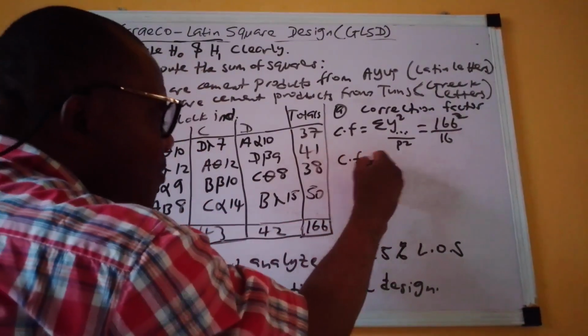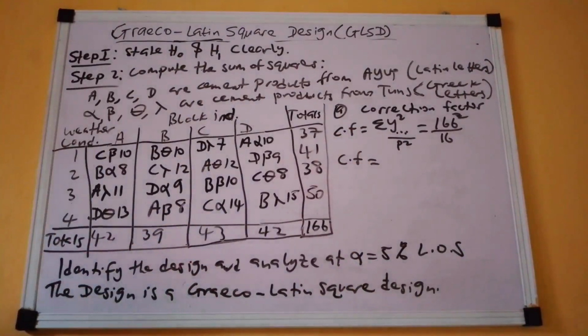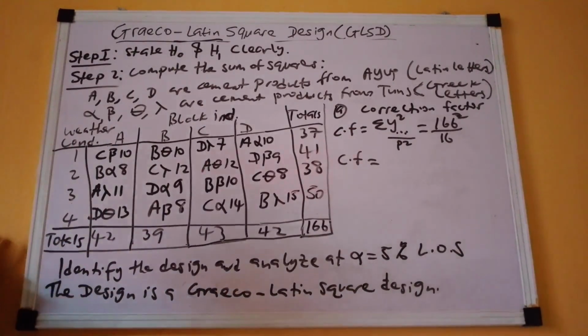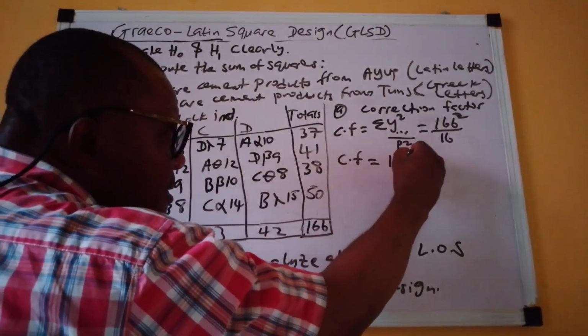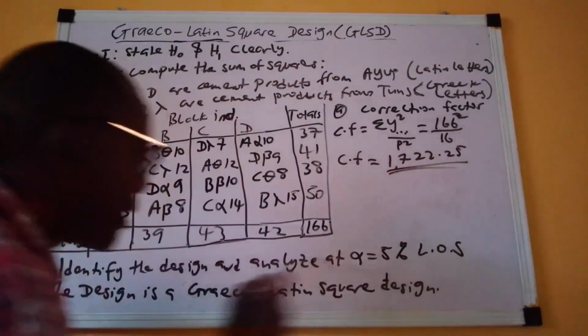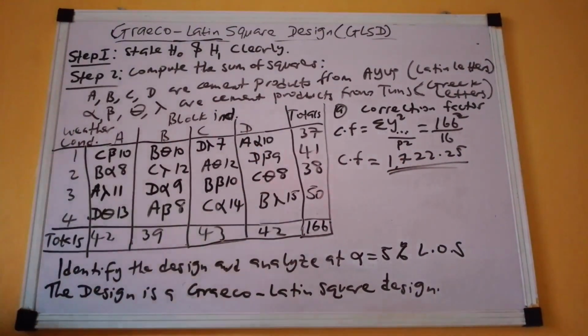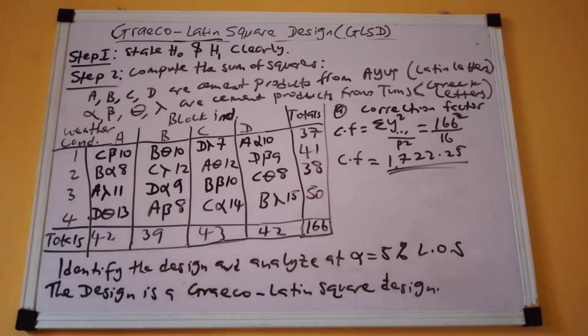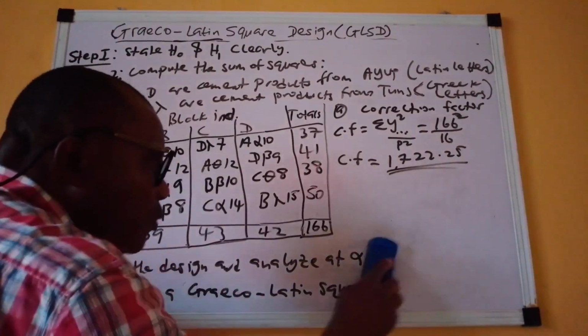So when you compute 166 squared all over 16, our correction factor will be 1722.25. That is our correction factor. The correction factor helps us to do that. Now we have calculated the correction factor to be 1722.25.